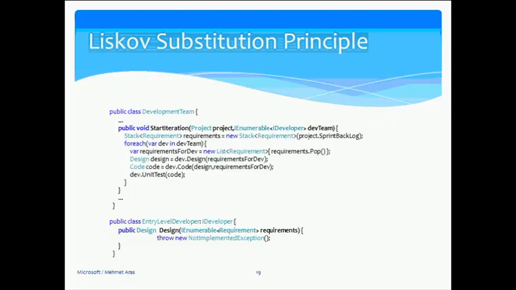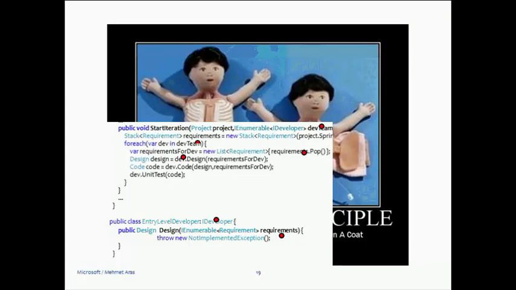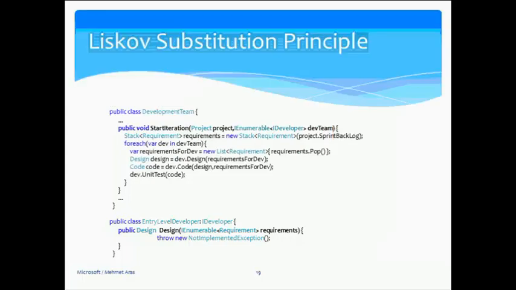Now, knowing this, let's look at the code above. What happens when I happen to grab an entry-level developer from the development team and assign that person a design? Your code is going to throw an exception. This is what the Liskov substitution principle says. It says, okay, I'm working on an abstraction called IDeveloper.